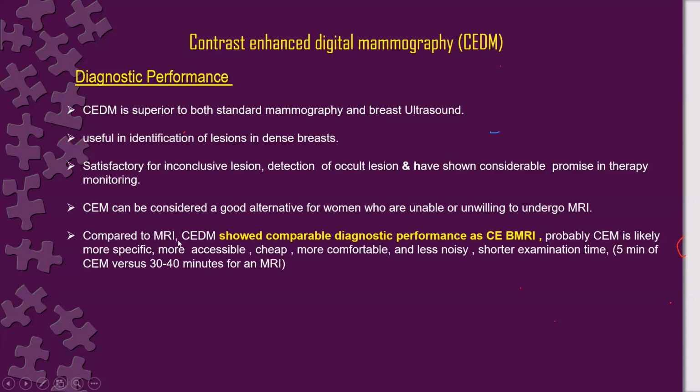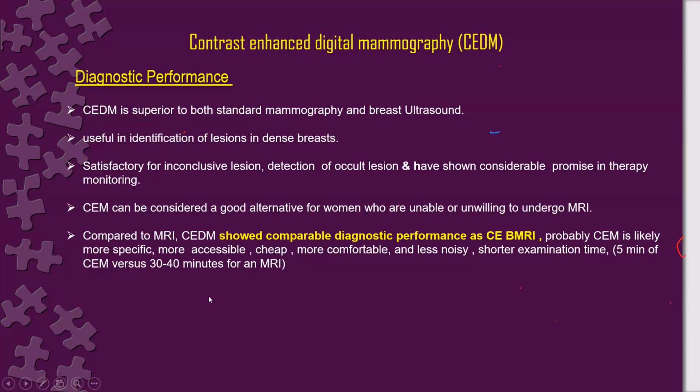And compared to breast MRI, contrast enhanced mammography showed comparable diagnostic performance and is probably more specific than MRI, and more accessible, cheaper, more comfortable, less noisy, having shorter examination time.